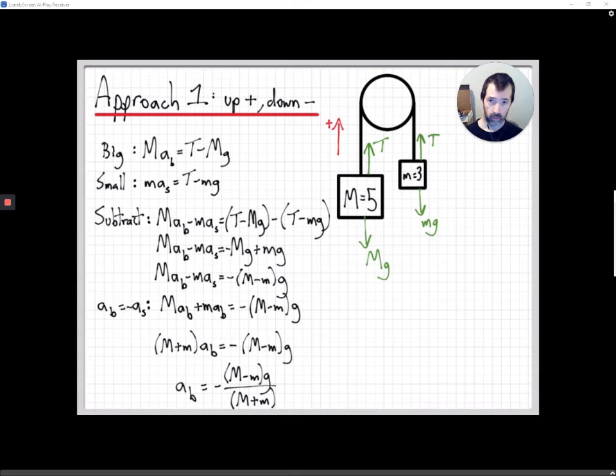One way you can think about that is that the string, as long as it is an idealized massless string, is basically just a way of transmitting force between the two blocks. So I've got the force of the big block on the little, and I've got the force of the little block on the big, and the string is just the medium for transmitting that force in a way.